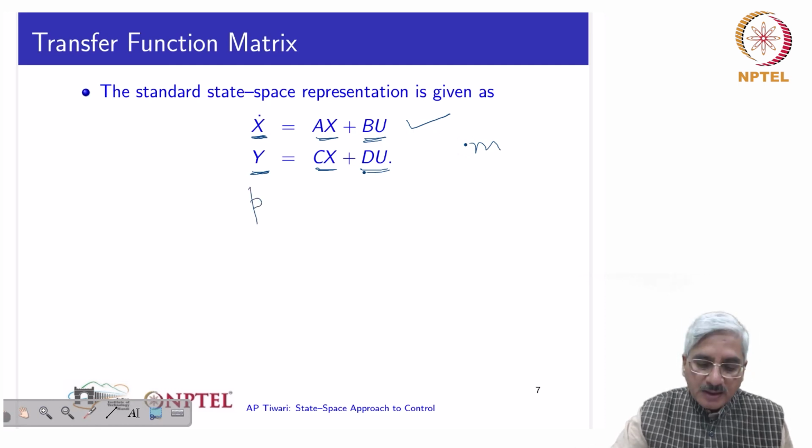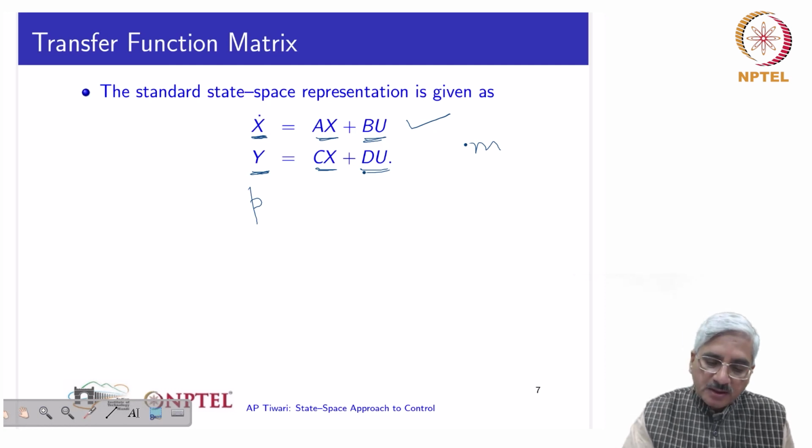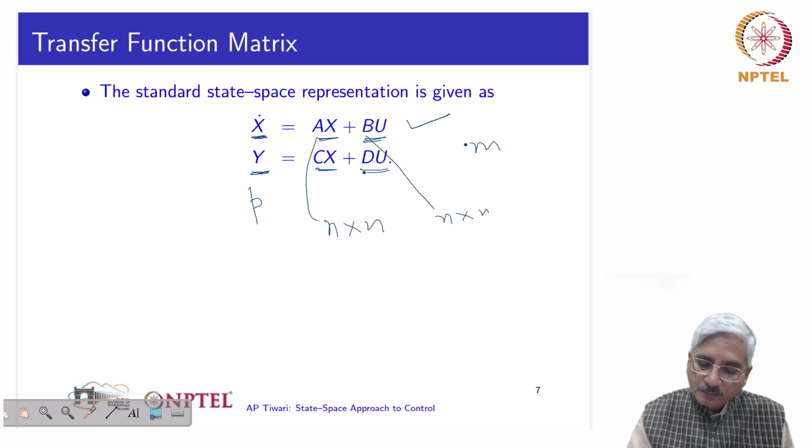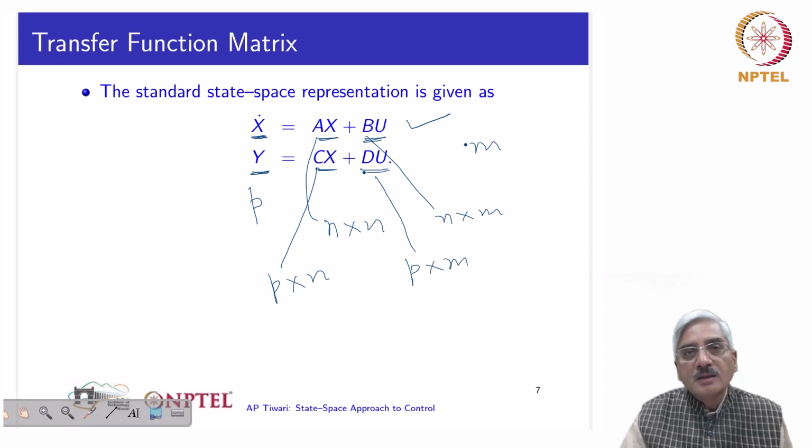So accordingly the matrices A, B, C and D are respectively n by n, n by m, p by n and p by m in size.